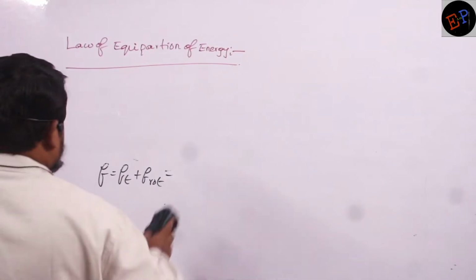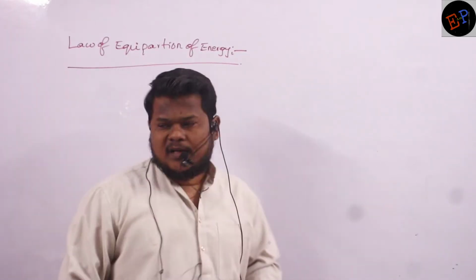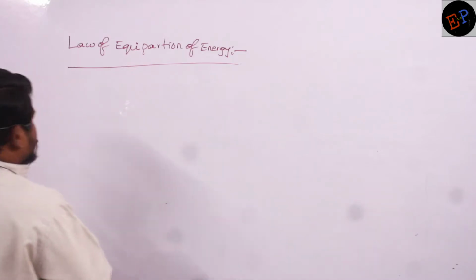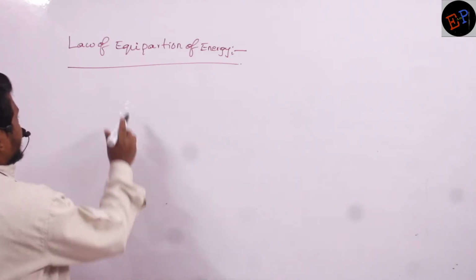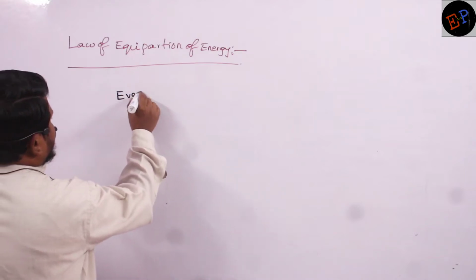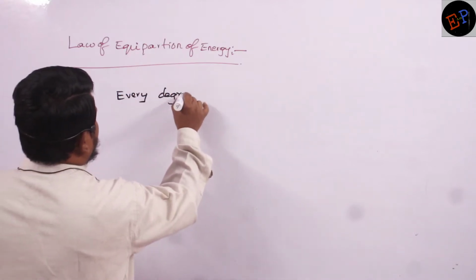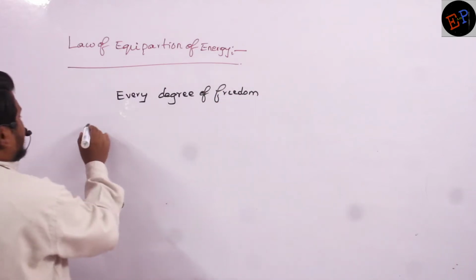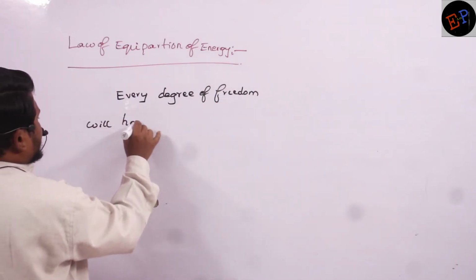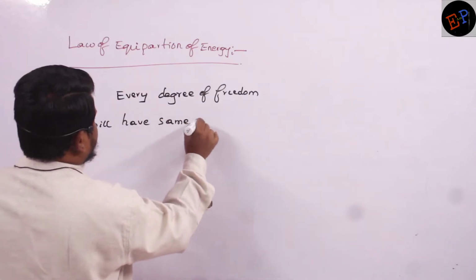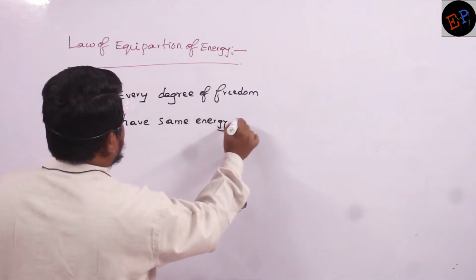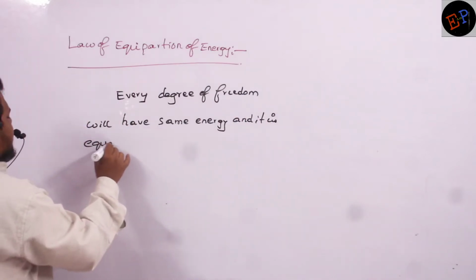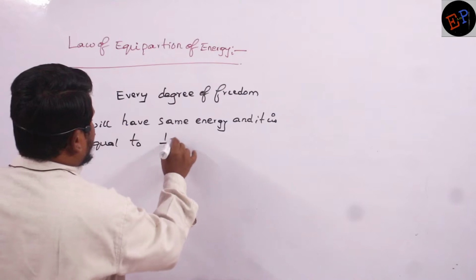So the next concept which we are studying is the law of equipartition of energy. It says that, so write down first of all, we will write the statement of this. Every degree of freedom will have the same energy, and it is equal to half kT.